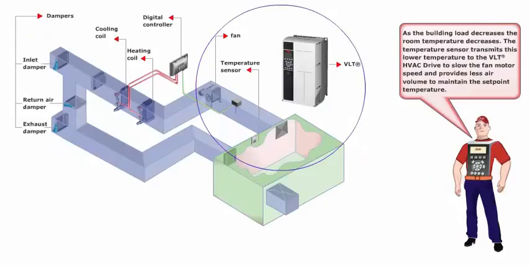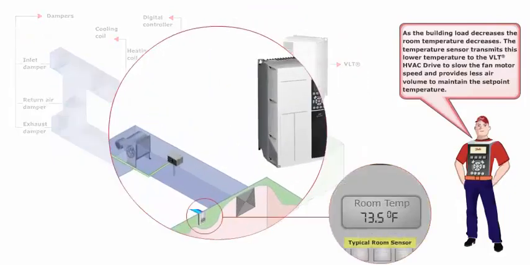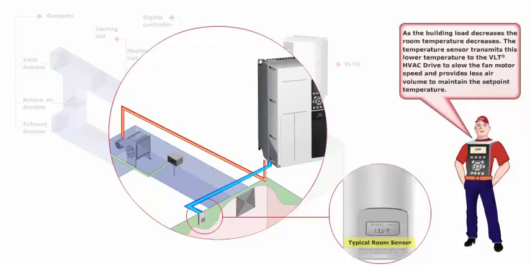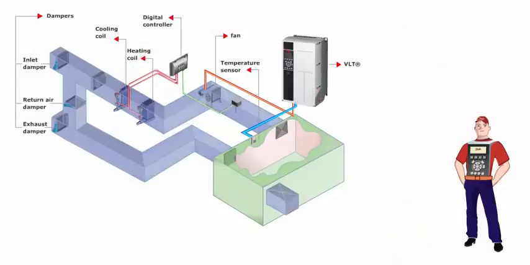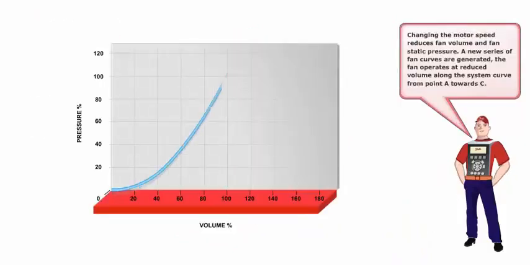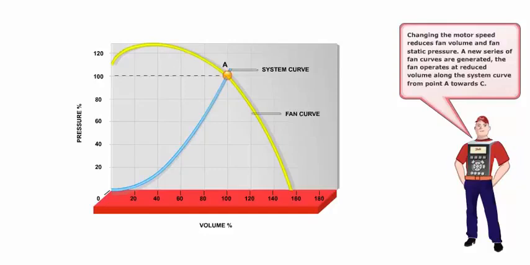As the building load decreases, the room temperature decreases. The temperature sensor transmits this lower temperature to the VLT HVAC drive to slow the fan motor speed and provides less air volume to maintain the set point temperature. Changing the motor speed reduces fan volume and fan static pressure. A new series of fan curves are generated.